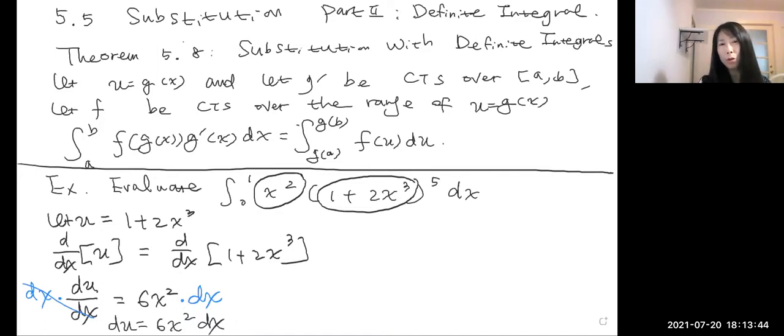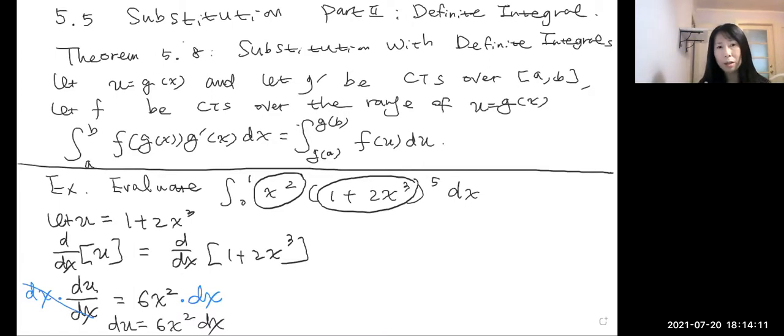Okay, now we're going to change everything from the x variable to u. Can you see that? The original question has all x. Now we're going to change it all to u, all right? So is there 6x squared dx in the original problem? I'm asking you. Is there 6x squared dx?